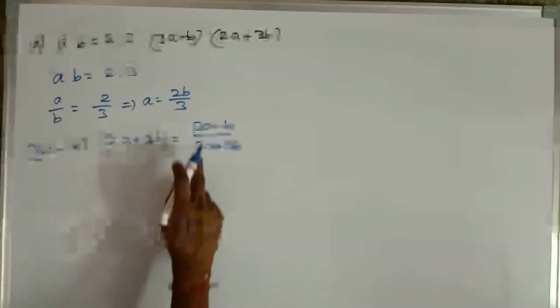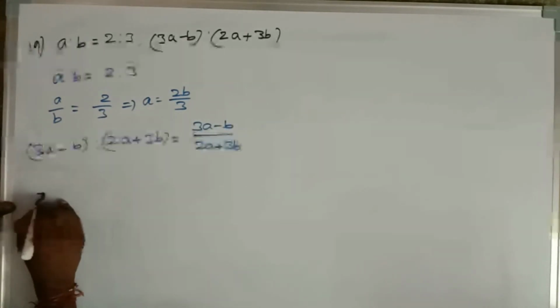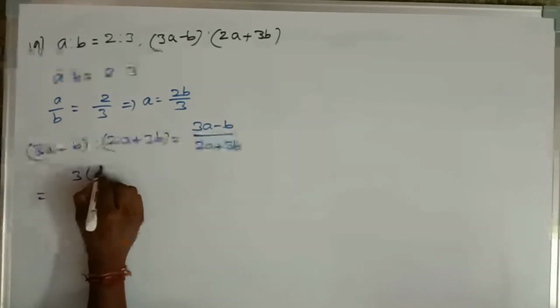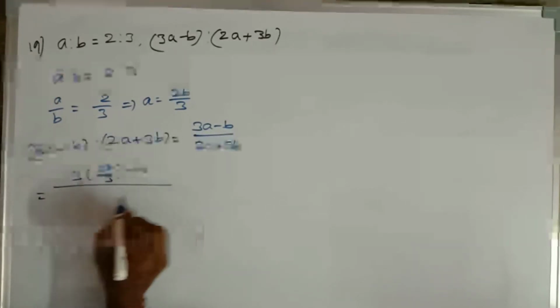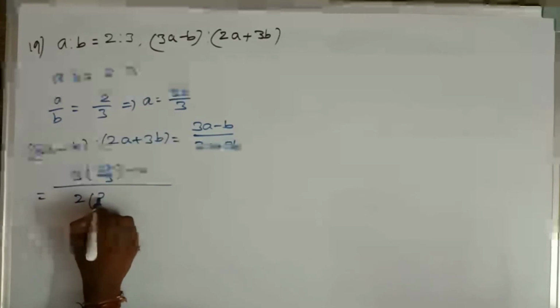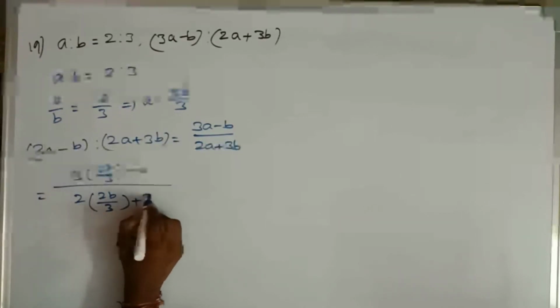Now wherever A is there, I am going to substitute the value of 2B by 3. Now that's equal to 3 into 2B by 3 minus B by 2 into 2B by 3 plus 3B.